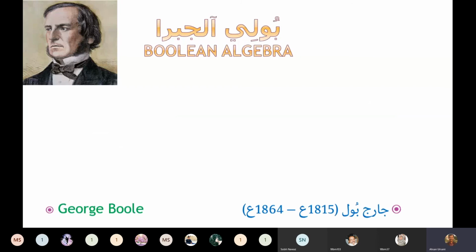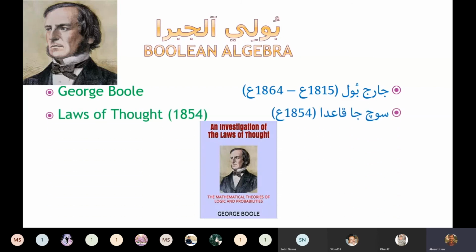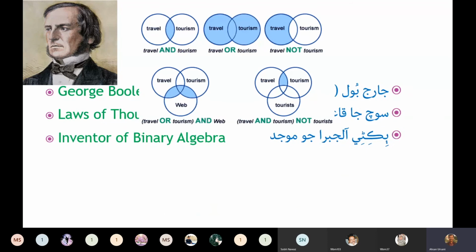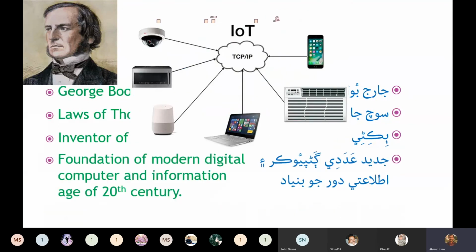We also saw who was George Boole, who published a book on laws of thought where he introduced a binary algebra, and later that binary algebra was modified to be Boolean algebra.